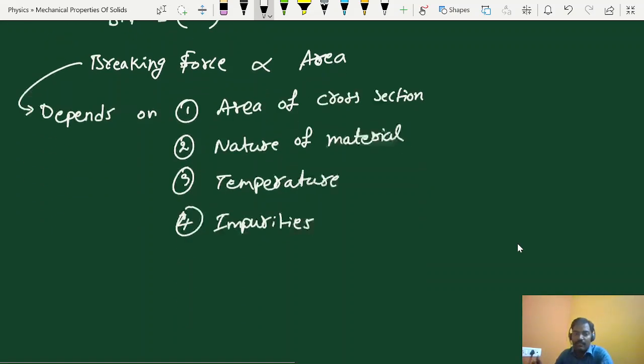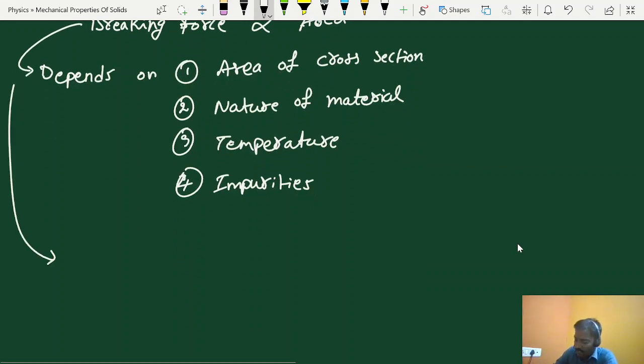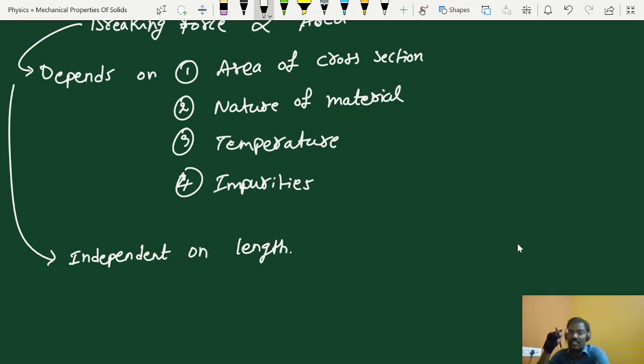So you can say it is independent of length. Breaking force is independent of length, but it depends on area of cross section. You have to be careful.